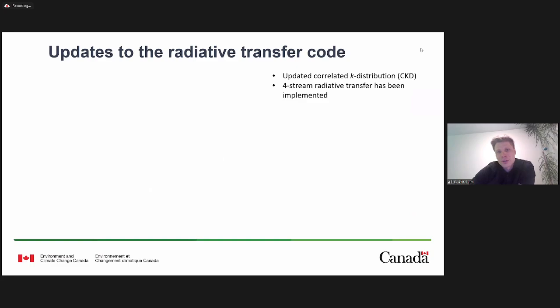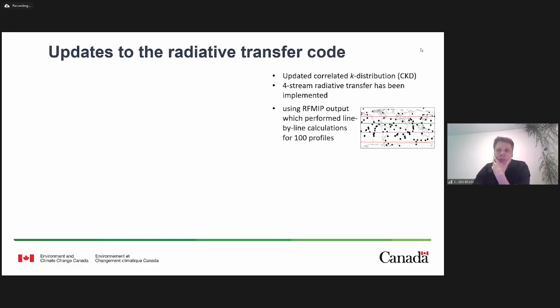So let's go a little bit into detail on all of those 4 parameterizations or 4 updates that I've talked about, so that you can see how our model reacts to it. And again, it hasn't been tuned yet, so we haven't really reduced the biases completely, and it's really just an overview. So we updated the correlated K distribution.